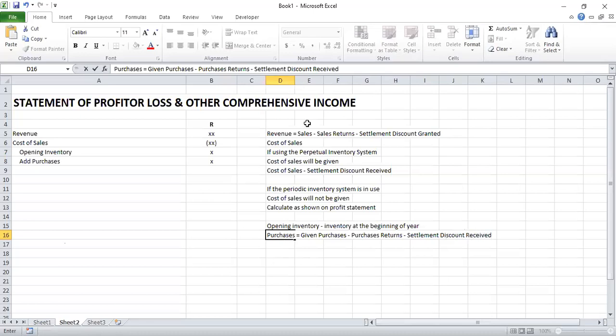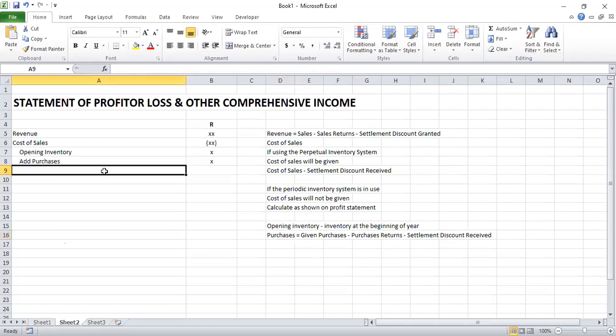So you should know that in the sales we subtract settlement discount granted. Here we subtract settlement discount received, the discount that we receive from our suppliers. So we take the purchases, then take out any returns that we will have made to our suppliers. Then subtract any discounts that will have been given by our suppliers for paying early.